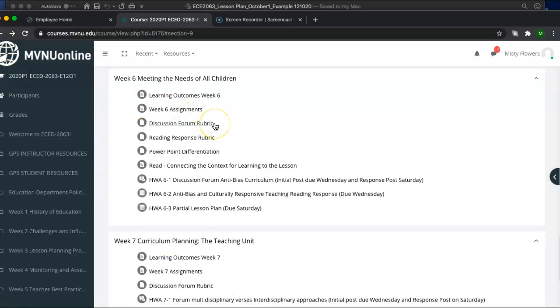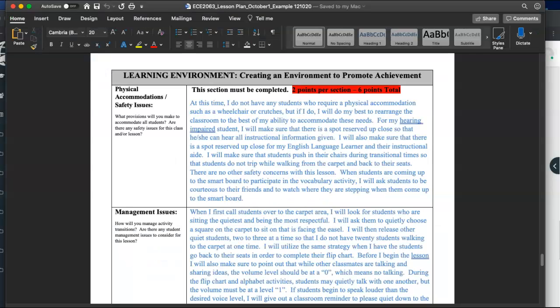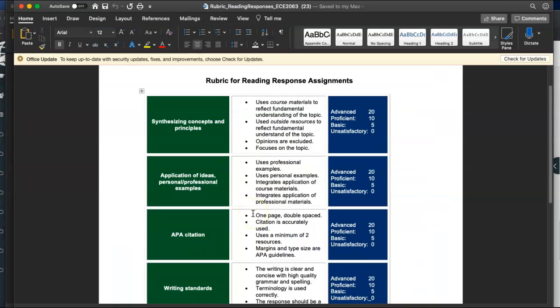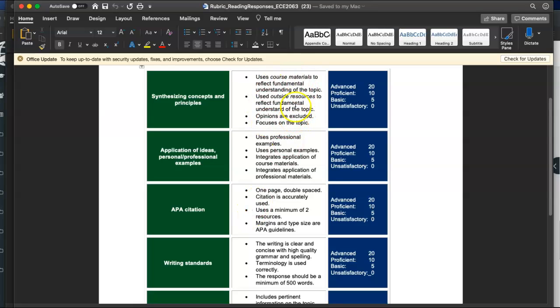Discussion forum rubric, reading response rubric. When you submit the anti-bias and culturally responsive teaching reading response, please make sure that you are hitting these criteria.